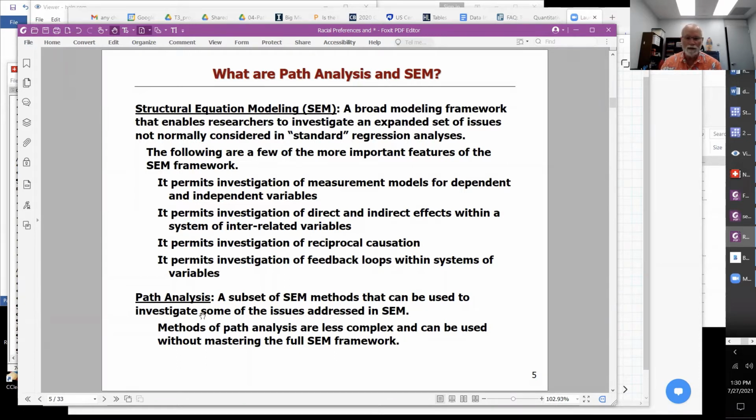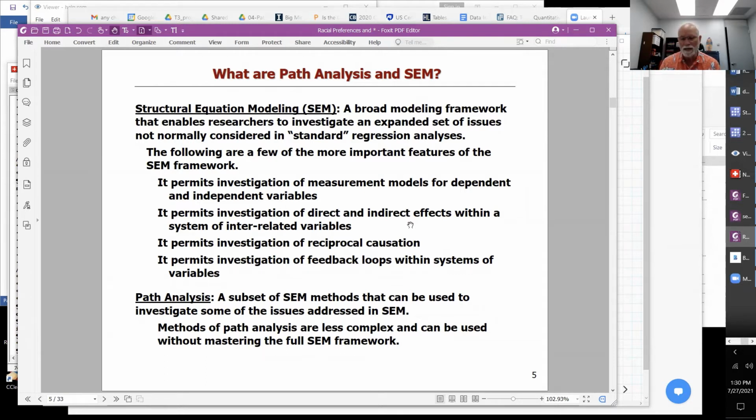So what's the distinction between path analysis and structural equation modeling? There actually may not, in the final analysis, be a fine distinction, but there's a working distinction. There are elements of path analysis which are quite simple in comparison to the full structural equation modeling framework. But the history of structural equation modeling is that it emerged as an elaboration of path analysis, so it could all be seen as one framework.